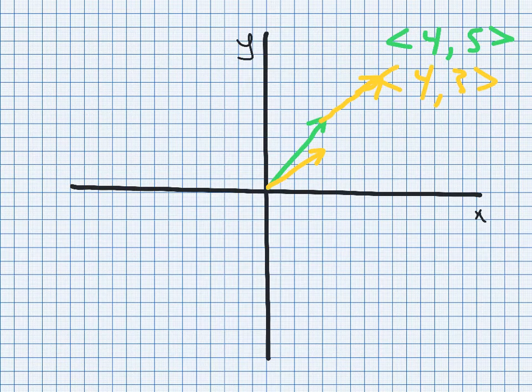I misplaced my component form vector, but you'll see the point I'm trying to make: right at this point is my new destination. And if I just do some math, I can tell that I've gone 1, 2, 3, 4, 5, 6, 7, 8 over, and 1, 2, 3, 4, 5, 6, 7, 8 up. And so I am now at (8, 8).